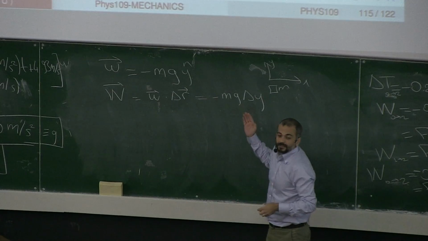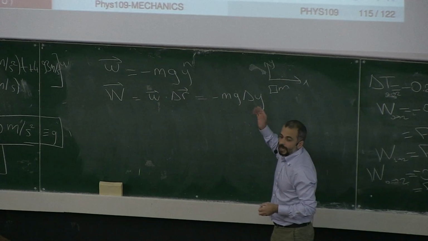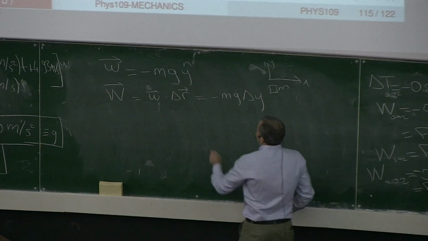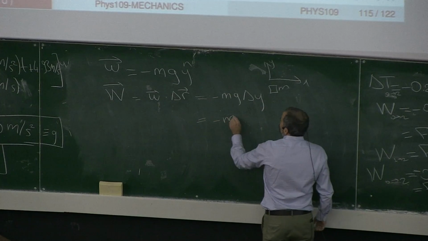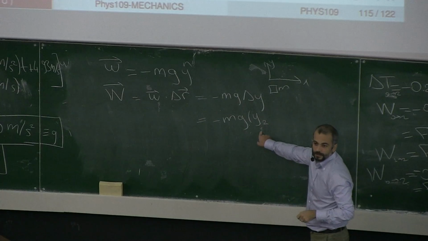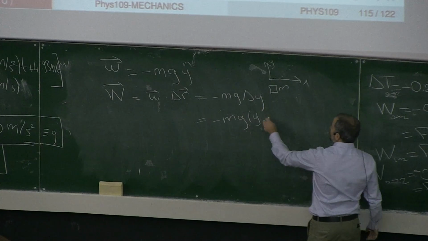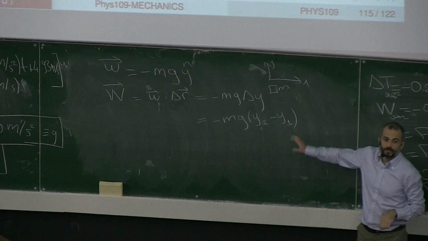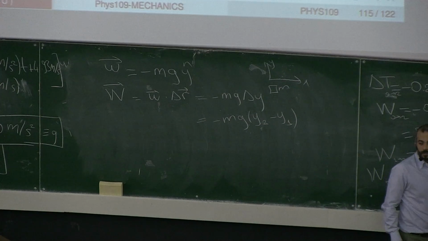The work done didn't depend on how we went from one point to the other point. I can also write this equation as minus mg, the y coordinate at the end of the motion minus the initial y coordinate. This is one thing we had derived.